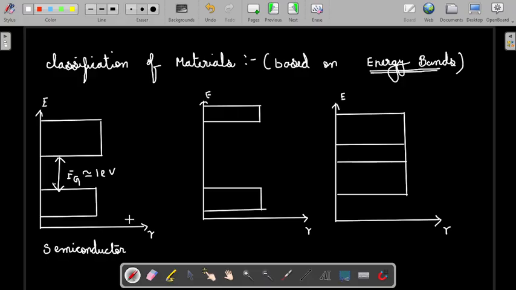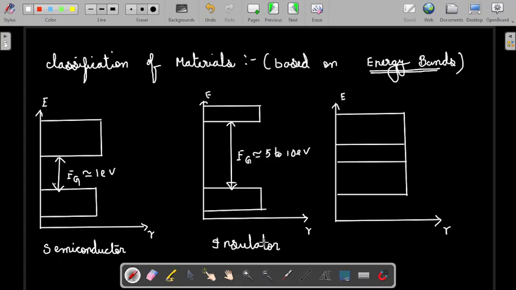You have to clearly note it. So here, when the Eg, the gap, is greater than 5 and less than 10, then we will call this an insulator. So here the Eg will be approximately equal to 5 to 10 eV, electron volts. So this kind of material we call insulators.